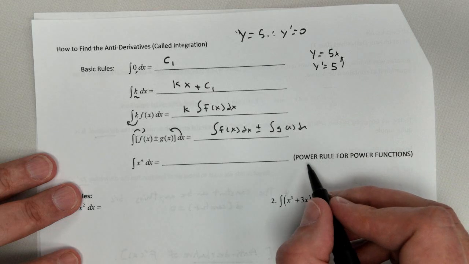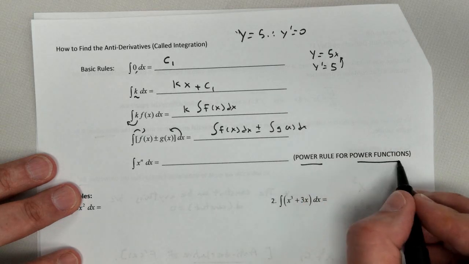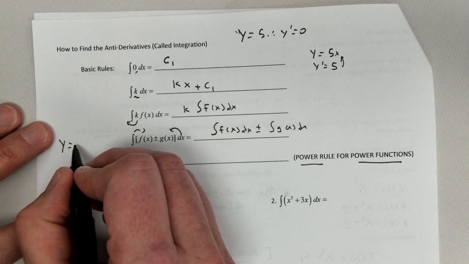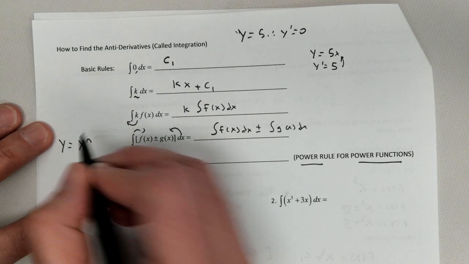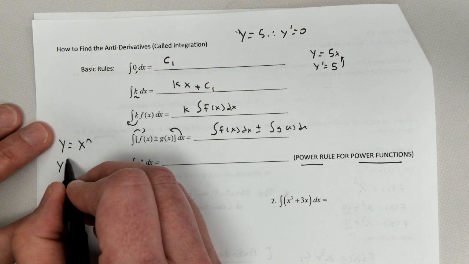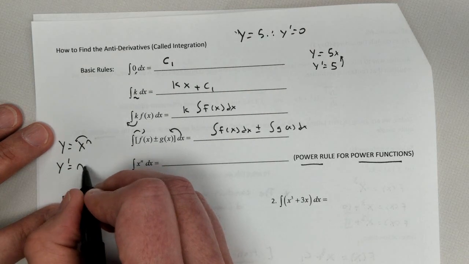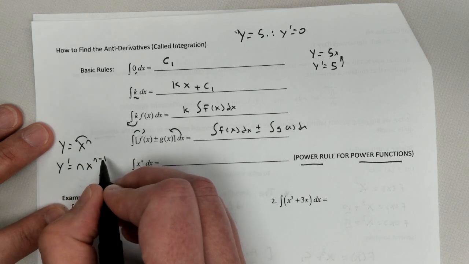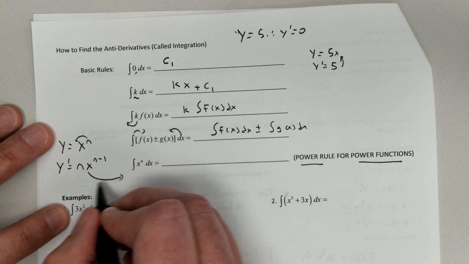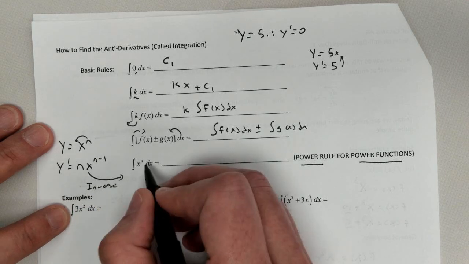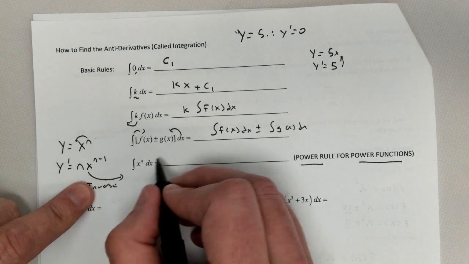And this is what we're getting to. The power rule is for power functions. So what this is saying is, if I have a function x to the n, I know to get the derivative, my rule says to drop that power and we subtract 1. Well, to do the antiderivative, we are going to do the inverse of this. So our rule is the exact opposite.